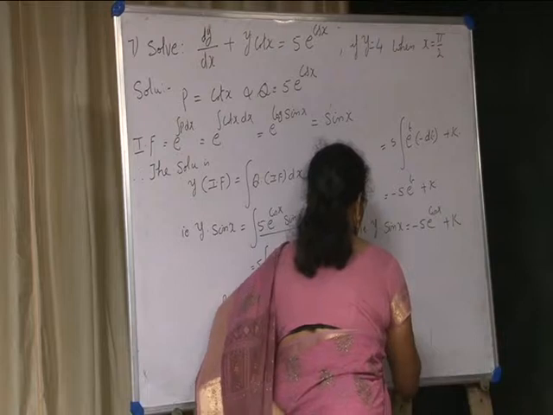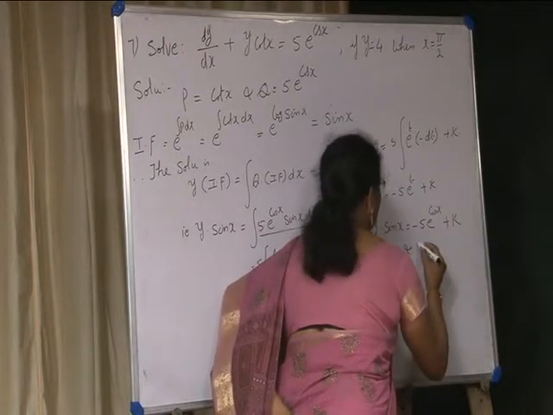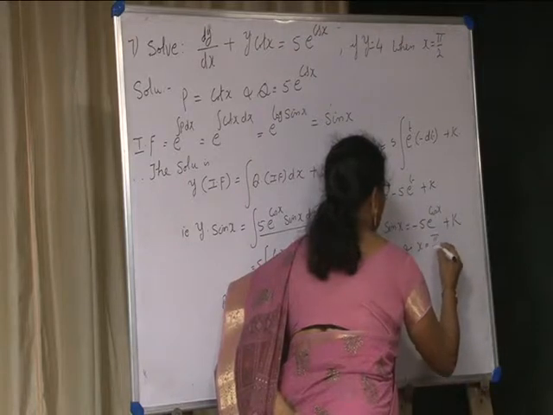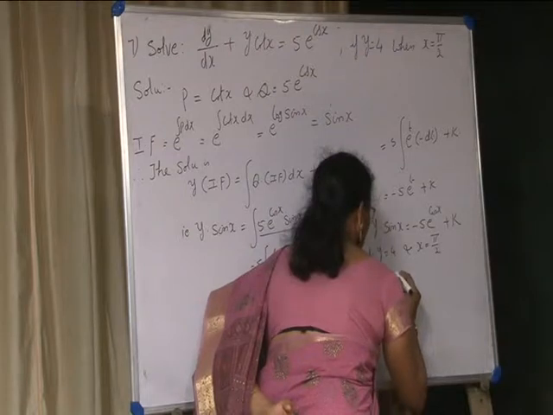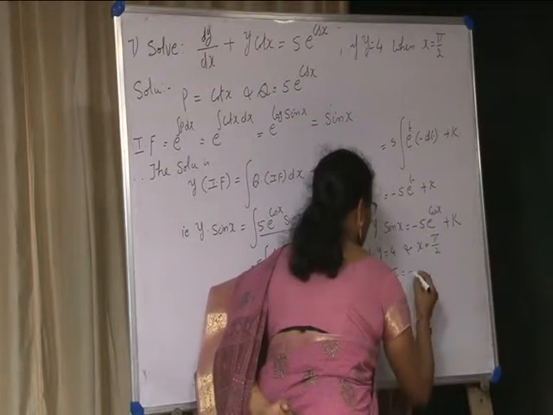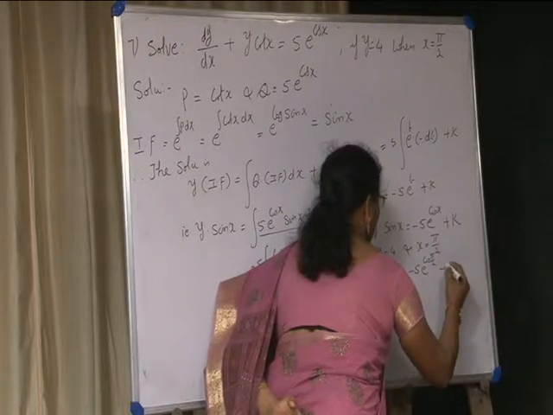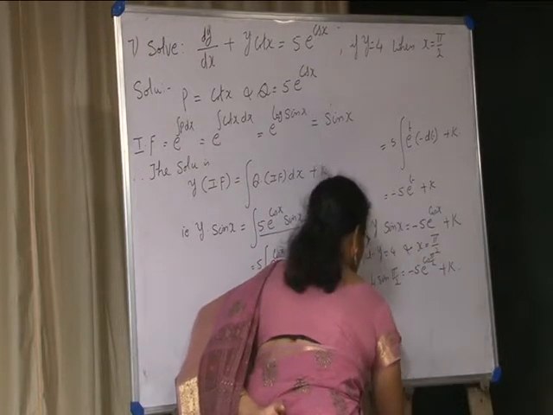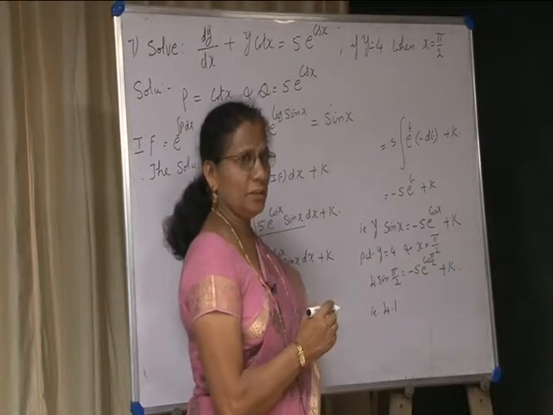Put y is equal to 4 and x is equal to pi by 2. 4 into sin pi by 2 is equal to minus 5 into e to the power of cos pi by 2 plus k. Sin pi by 2, sin 90 degrees, is 1.